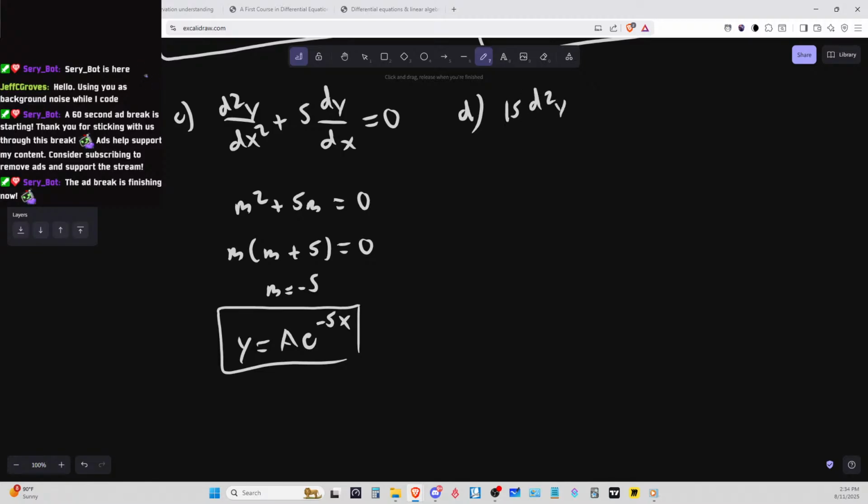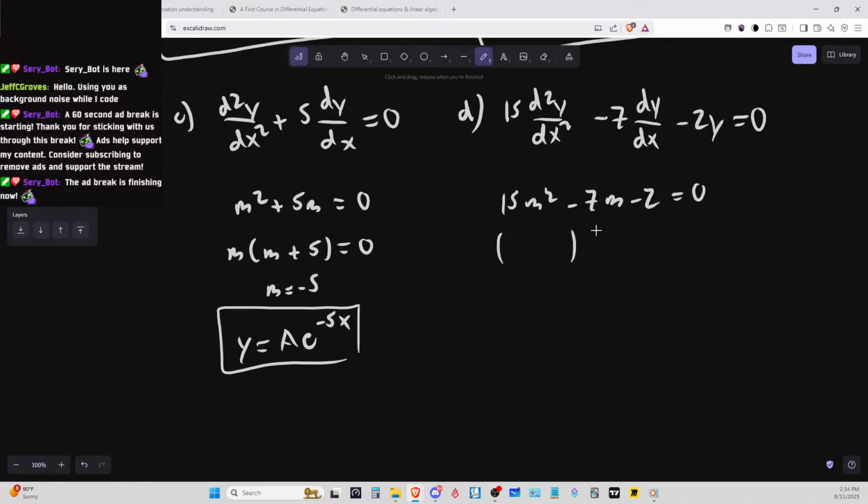So okay, then minus 7. All right, so we're left with 15m squared, and 7m minus 2. Okay, can we break this down?